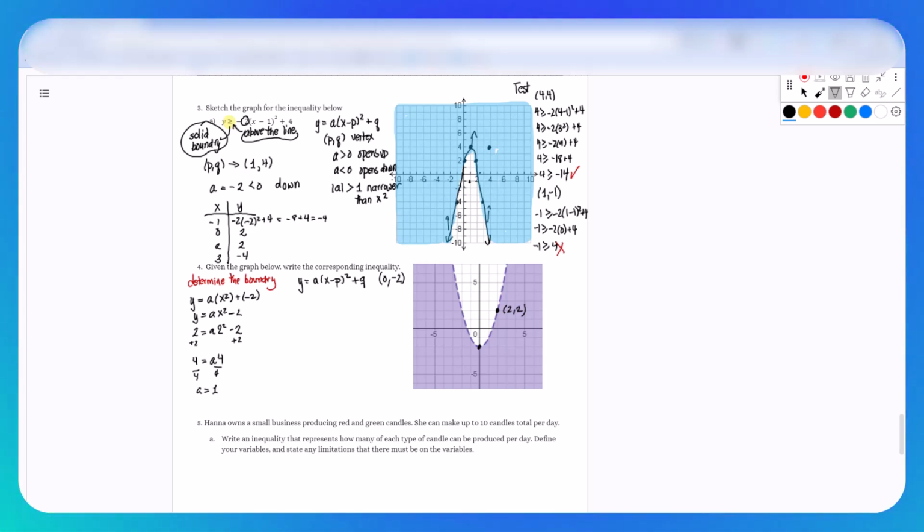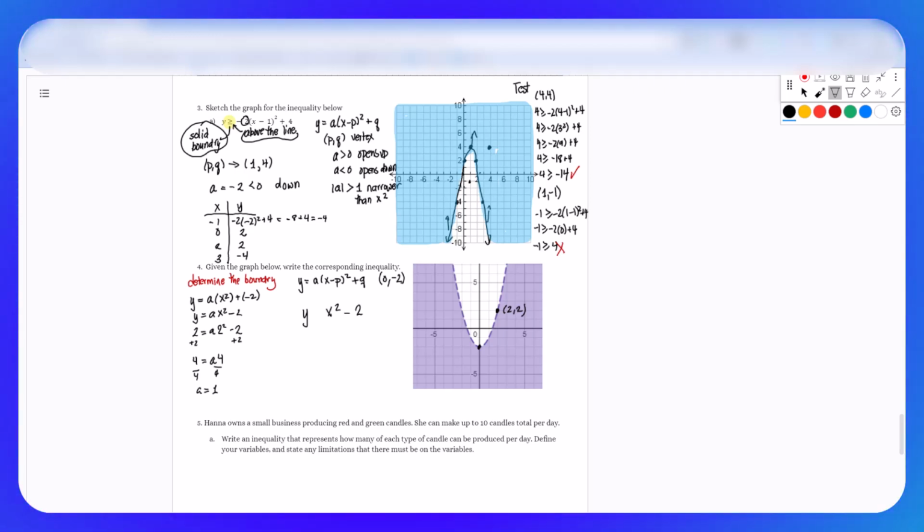So our equation is y equals x squared minus 2.